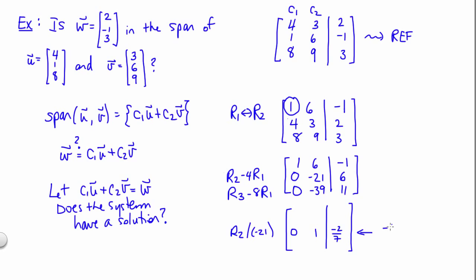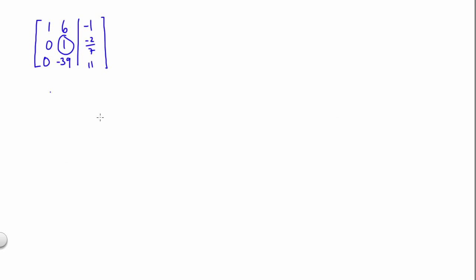I'm just going to put an arrow here to show that it came from simplifying the fraction negative 6 over 21, just to keep the numbers a little bit smaller. So I just recopied the matrix from our previous step.